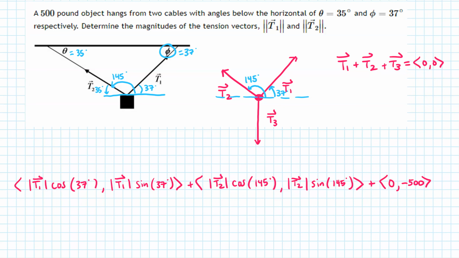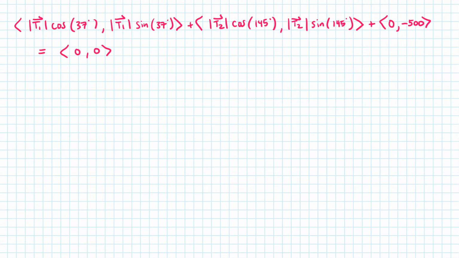And when I add all of those up, the sum is supposed to be 0, 0. Now what I can do is take each of the components, add them together, and then make them equal to 0. What I mean by that is this component, and this component, when I add all of them together, should give me a sum of the 0 value here.